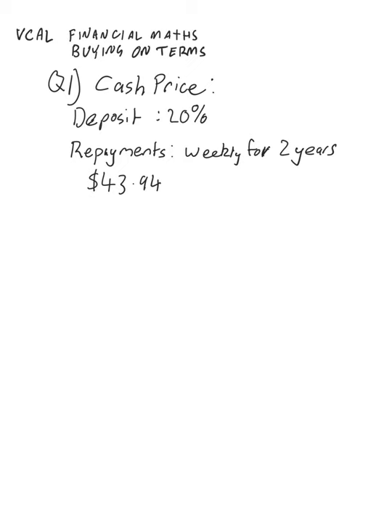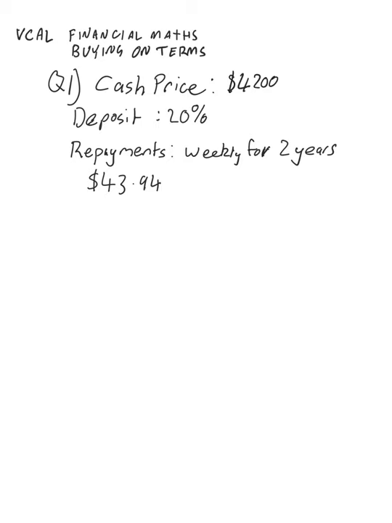All right, so first of all, the cash price for the bedroom suite is $4,200. Now, if you've got that cash, you can pay that, and that's all you'll pay, and the bedroom suite is yours. But if not, you can buy it on terms.